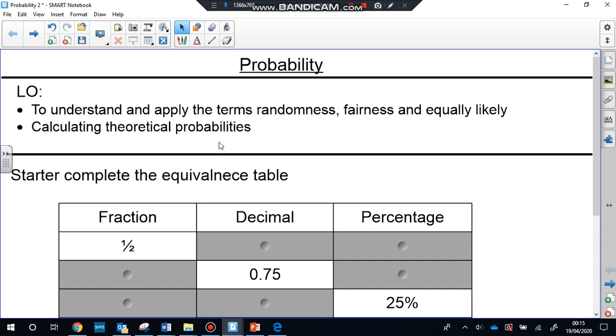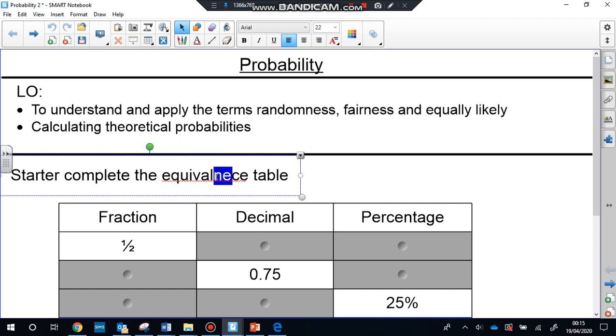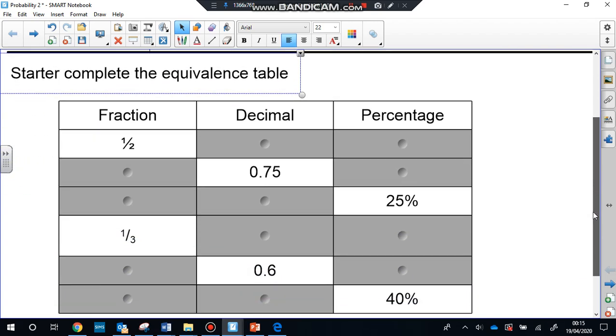Okay, now we finished last term looking at percentages, and one of the things that we did was we converted between fractions, decimals and percentages. Now that's a useful skill for our probability topic, so we're going to start with that. So if I scroll down, I've got a table here.